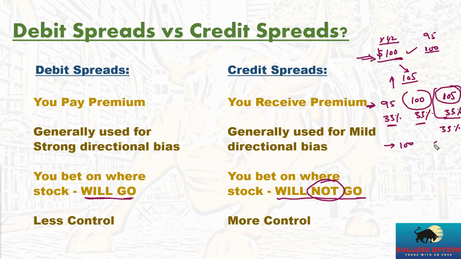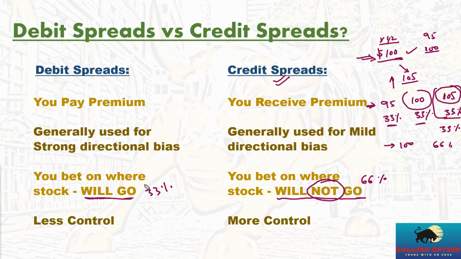So your chances are 66%. What I'm trying to say is that it is much easier to say where stock will not go than saying where stock will go. In this case, you have 33% chances, and in this case, you have 66% chances. So that way, credit spreads are, from a probability perspective, more profitable in general.